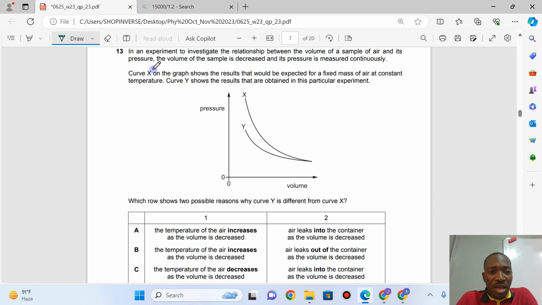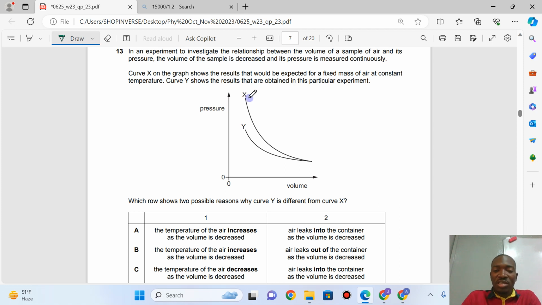Curve X on the graph shows the results that would be expected for a fixed mass of air at constant temperature. Curve Y shows the results that are obtained in this particular experiment. So this is what we are expecting, because volume is decreased and pressure is measured.